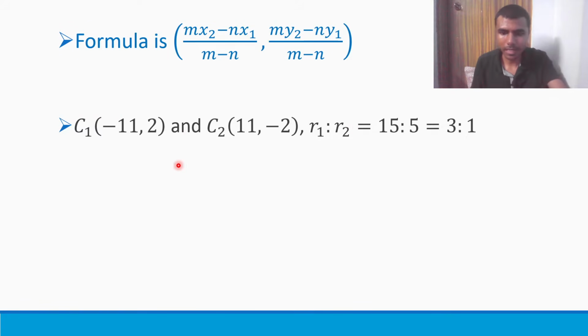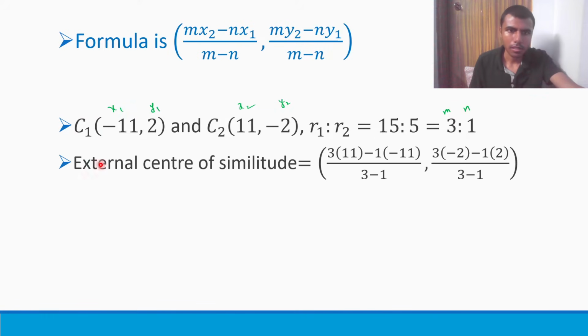Now see how to apply it. This is my x1, this is my y1, this is my x2, this is my y2. This ratio is going to be m and n. The external center of similitude is nothing but (mx2 - nx1).